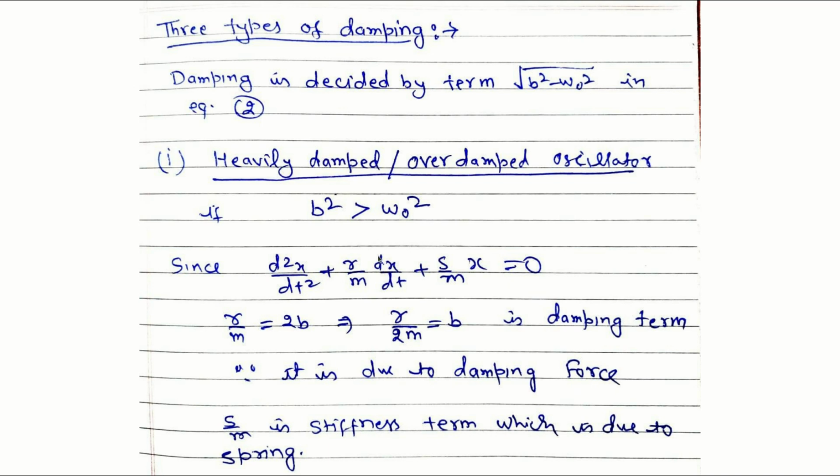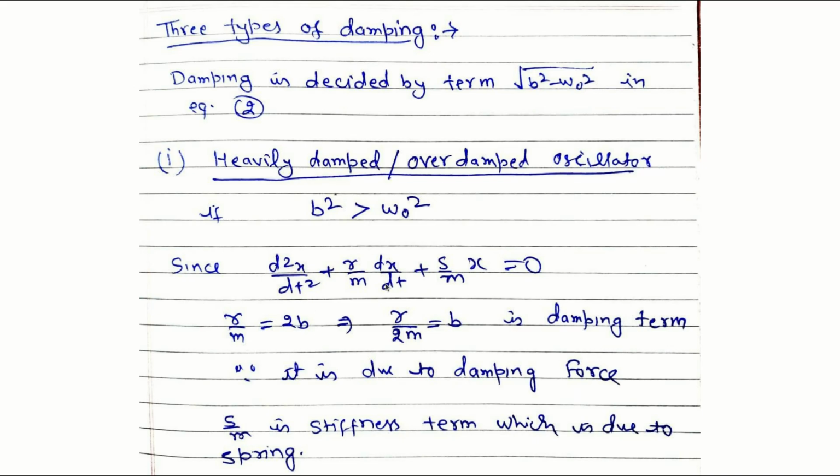It means when will this damping force be large? When R by M will be large. Or when will this damping force be less? When R by M will be less. So R by M means 2B, means B. B will decide about the damping.